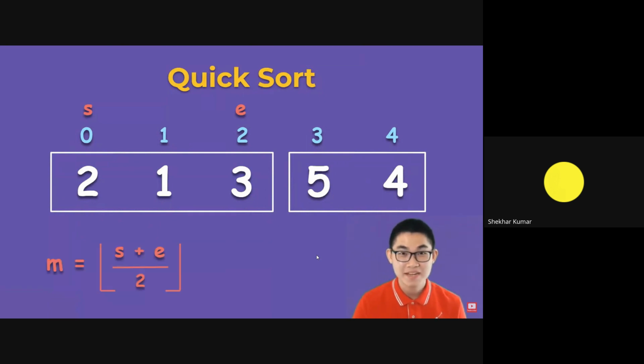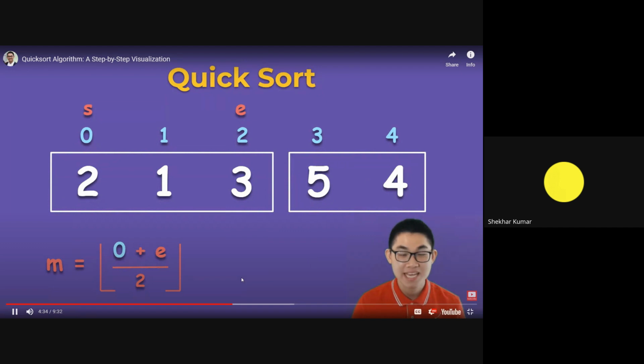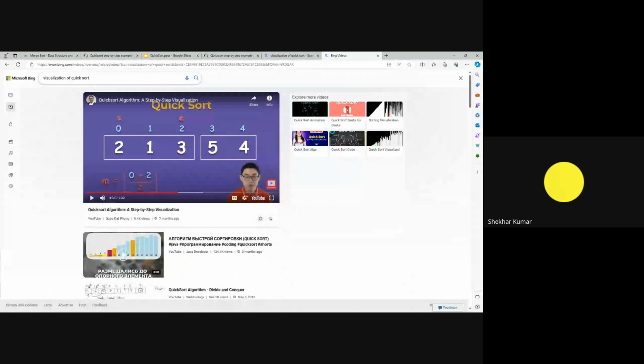We calculate the mid. So S is 0, E is 2. Now further, we use the quicksort algorithm in the first half and also in the second half. Again, the same procedure will be repeated recursively until we get the complete solution of the problem.